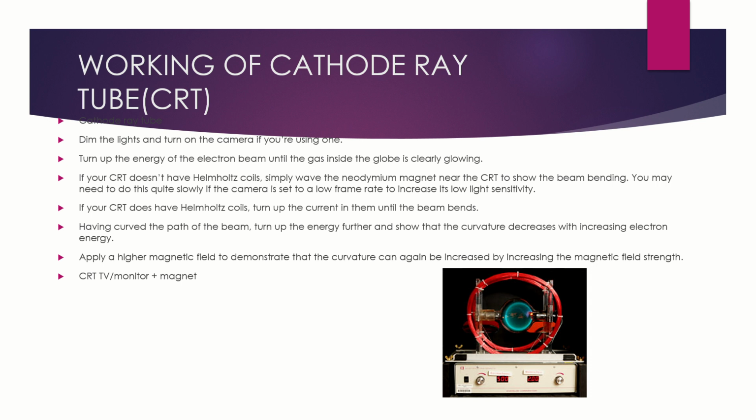Having the curved path of the beam, turn up the energy further and it shows the curvature decreasing with increasing electron energy. As a higher magnetic field is applied, the curvature increases by increasing the magnetic field strength. CRT is the CRT monitor plus magnet.